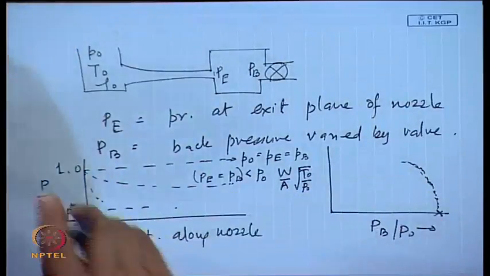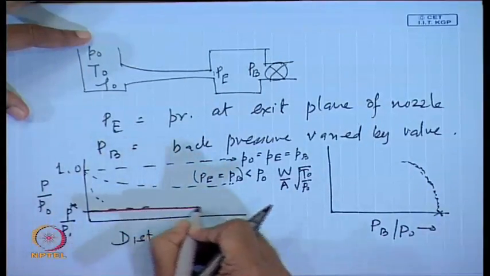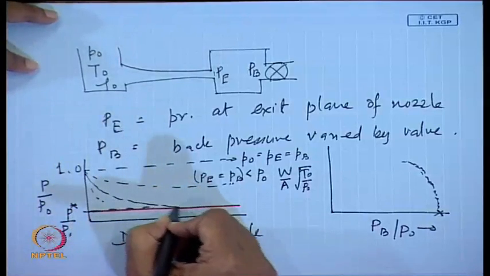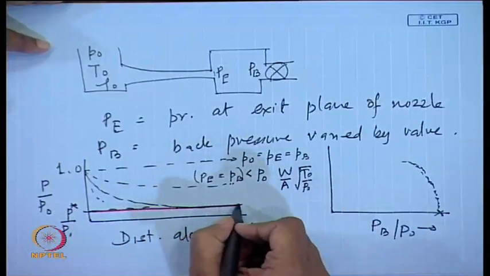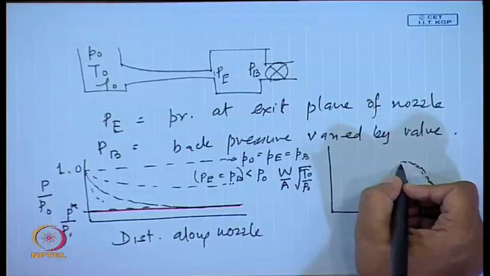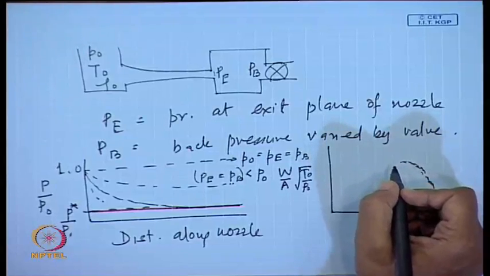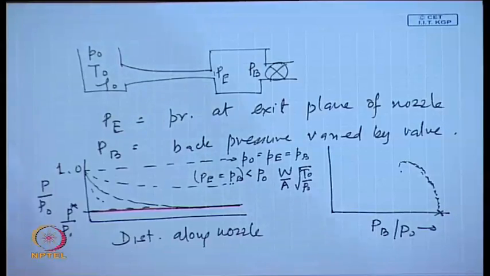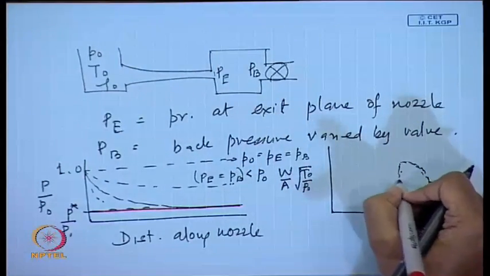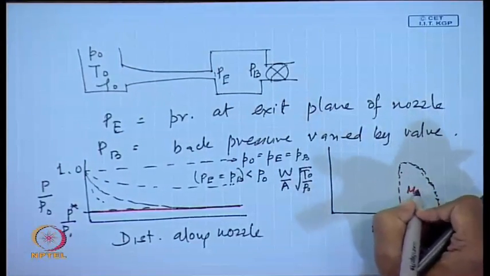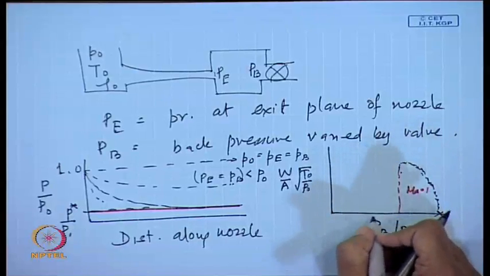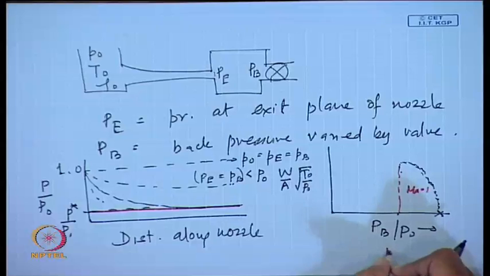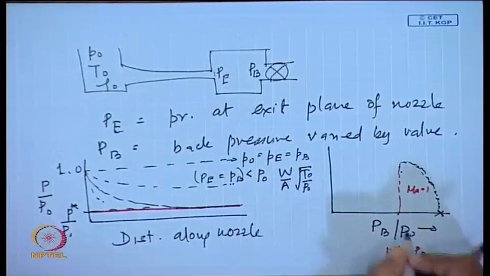This I will make with a different line. Till this portion we get the maximum flow rate, and this occurs for Ma equals 1 and this particular point is P star by P0.